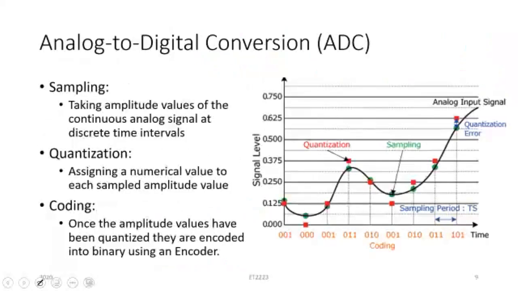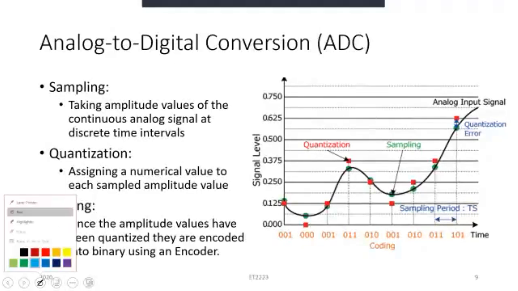There are three main steps to analog to digital conversion. That is sampling, quantization, and coding. If you look at the previous explanation and the main differentiation between analog and digital signals, these match with those points. That is, sampling is over a period of time.